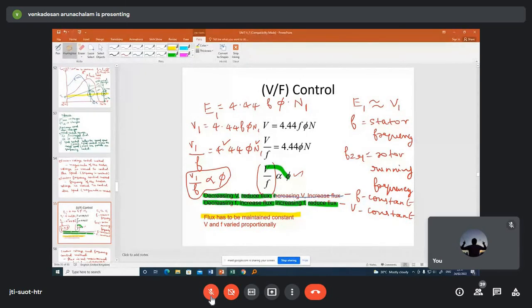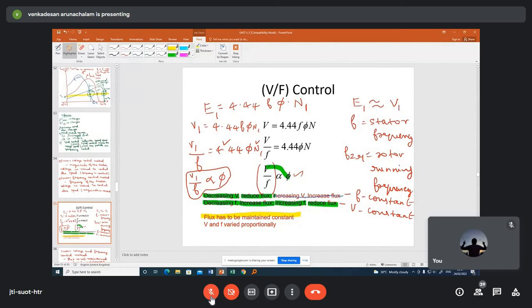So you vary V and f proportionately with respect to each other. If you decrease frequency, you decrease V also in proportion with f, so that the flux can be maintained constant. When you increase the frequency, you cannot increase the voltage.